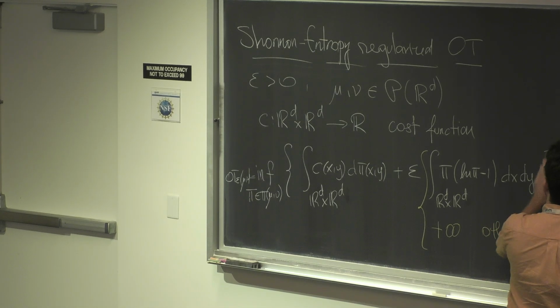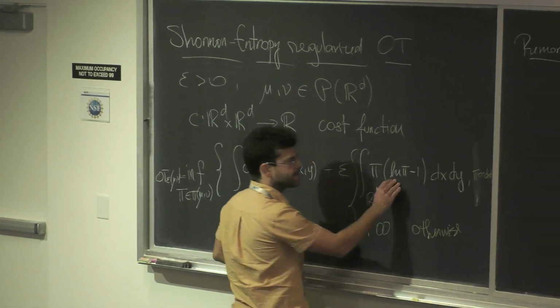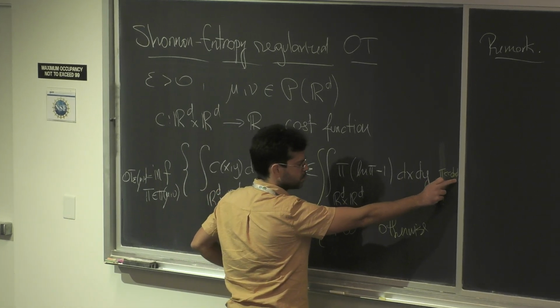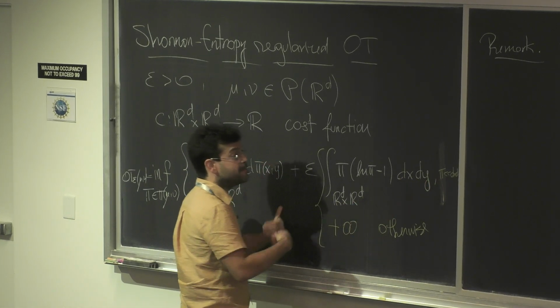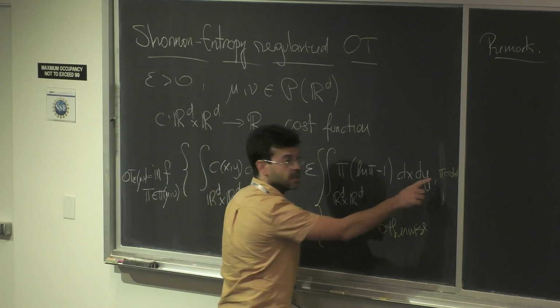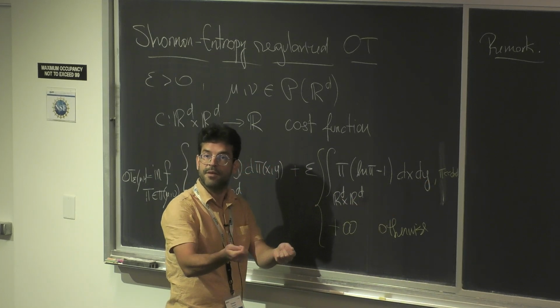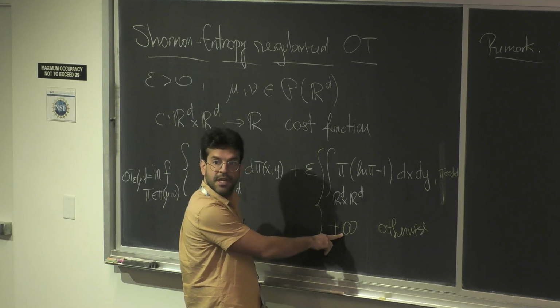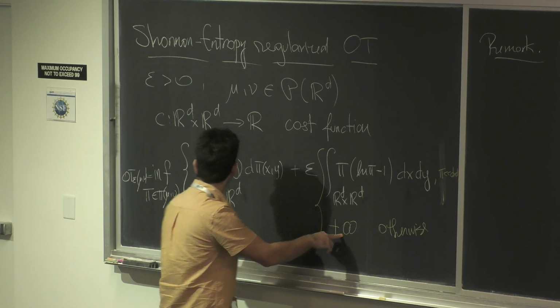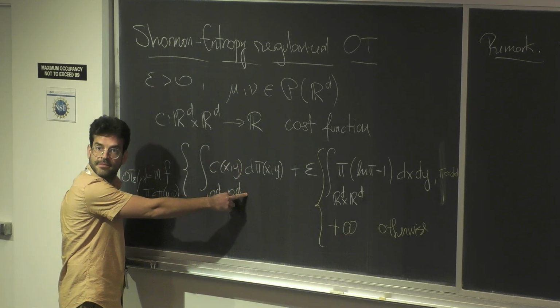So this is the way that I'm going to define the entropy. In particular, the solution that is concentrated in a map given by Monge has plus infinite entropy, so it can never be a minimizer of this problem.